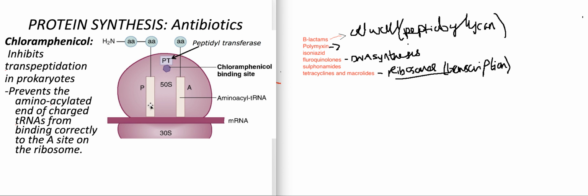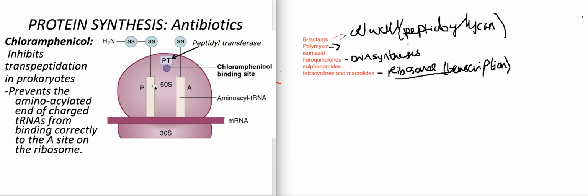Now, once these bind, they come with an amino acid joined to them. Now, the next one comes into the A site. From the A site, a peptidyl transferase causes a peptide bond between these two amino acids, and then the bottom part is eliminated into the E site and disassembled.